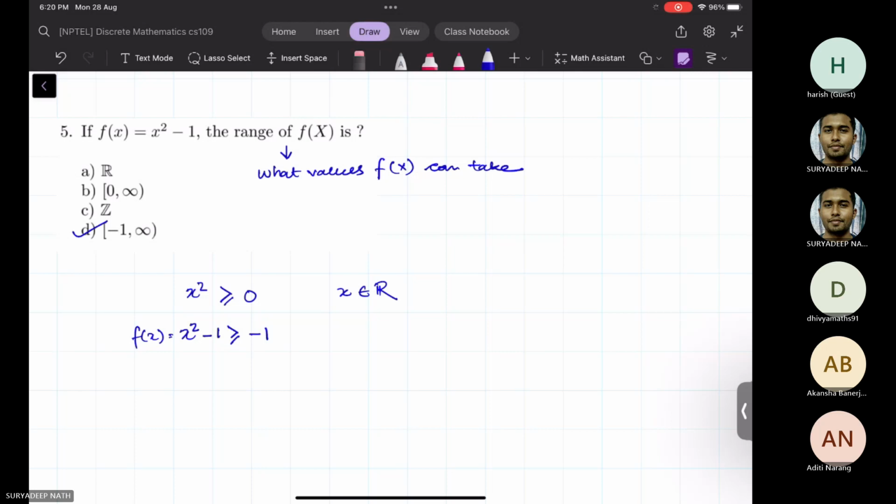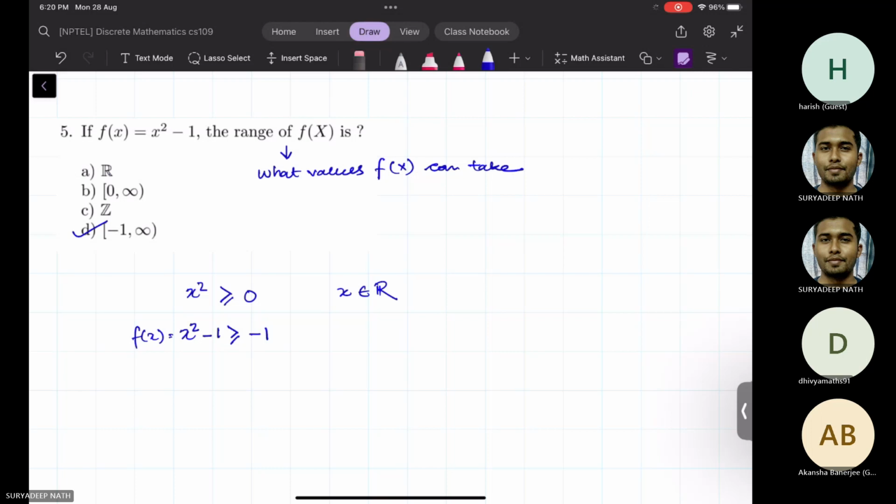Option A cannot be right because it contains numbers lower than -1 as well. Option B is a subset of the range. Let me call the range Q, and let R represent the real numbers.